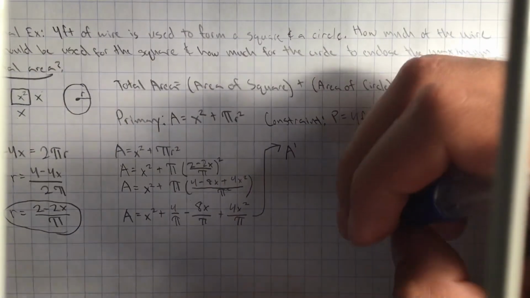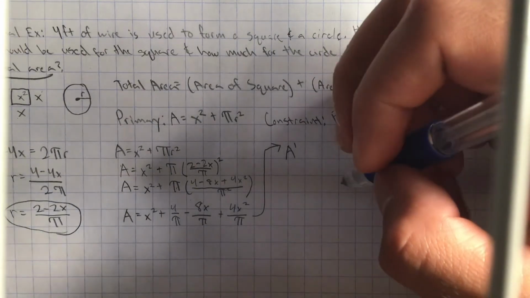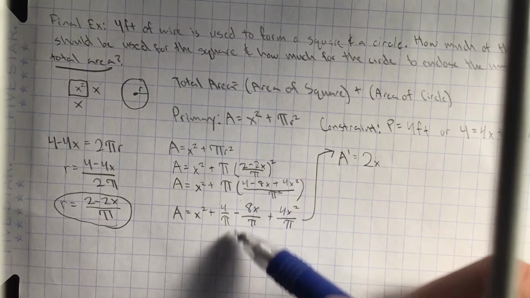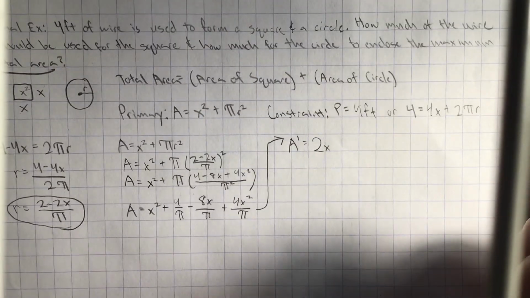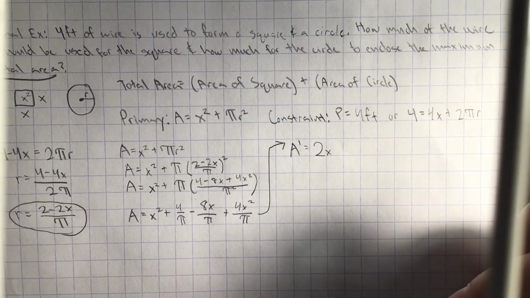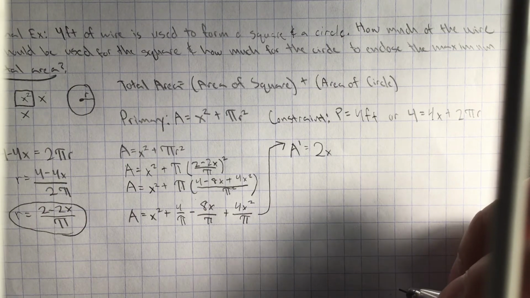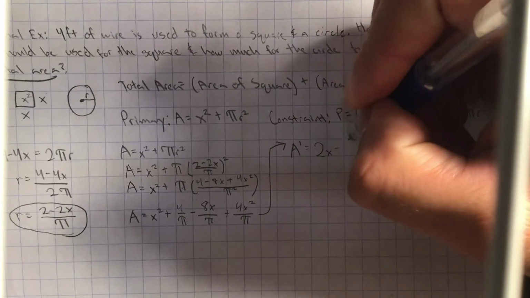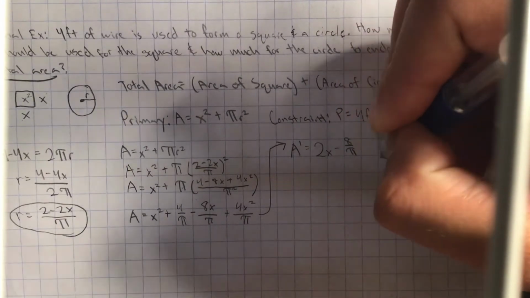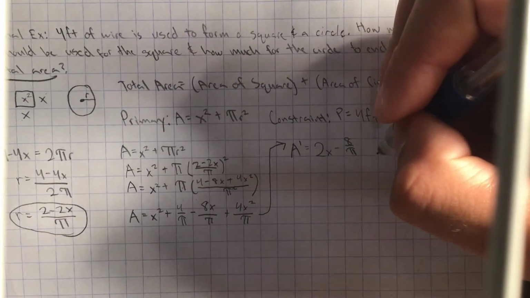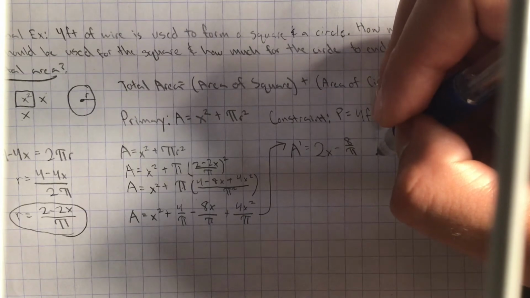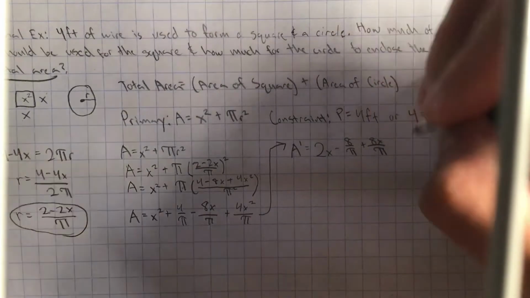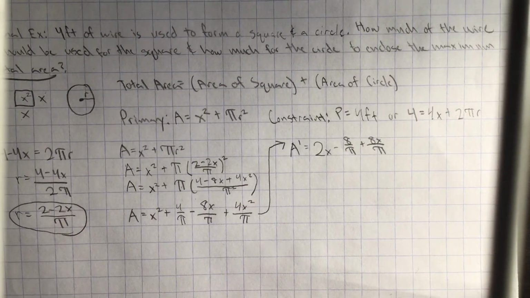A prime equals 2x, so we're bringing the exponent of x squared to the front and subtracting from the exponent, minus 8 over pi, plus 8x over pi. And then we set that equal to 0.